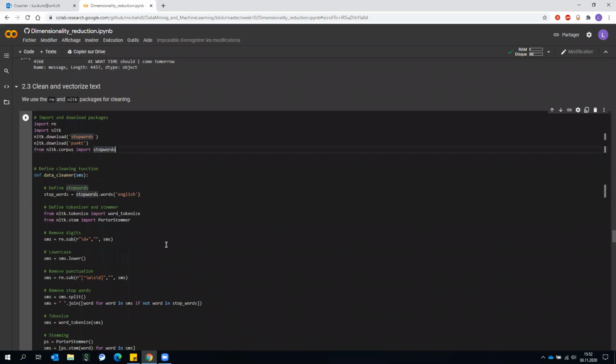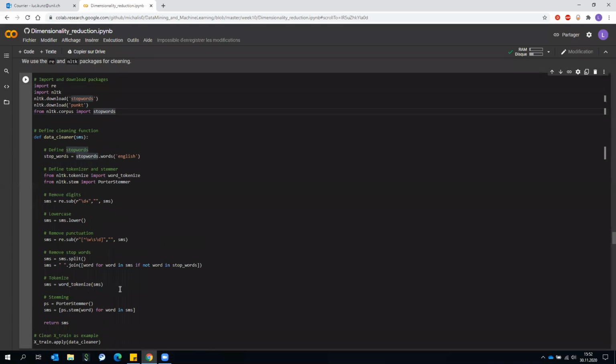We'll do this in the function here, and also this package to remove the digits, to remove the punctuation, and so on and so forth. So we define the stop words in English because we have English messages.